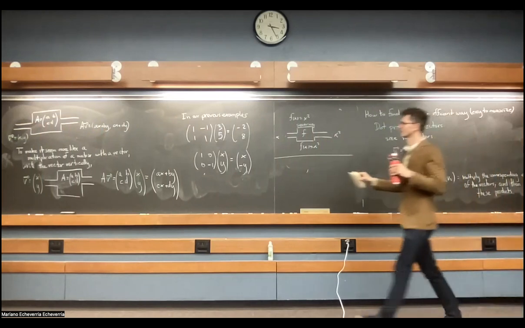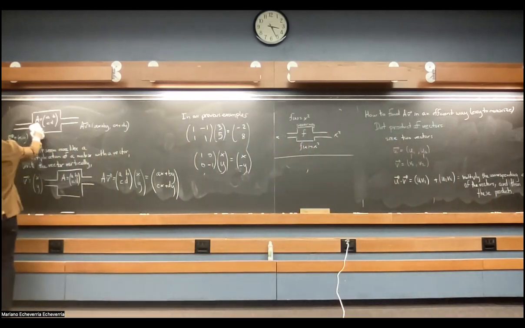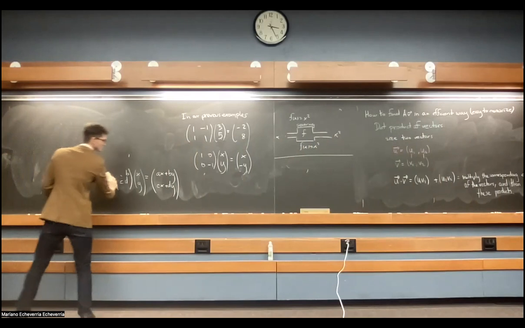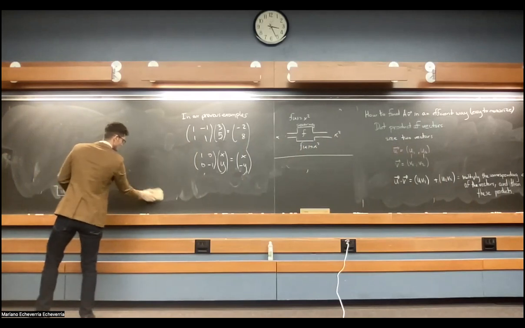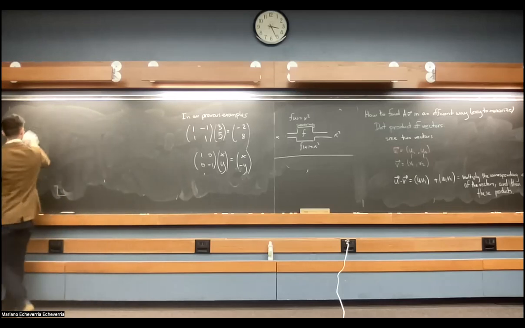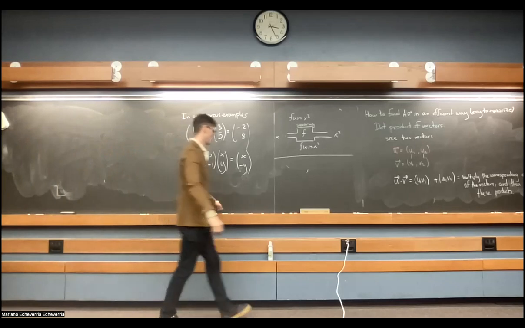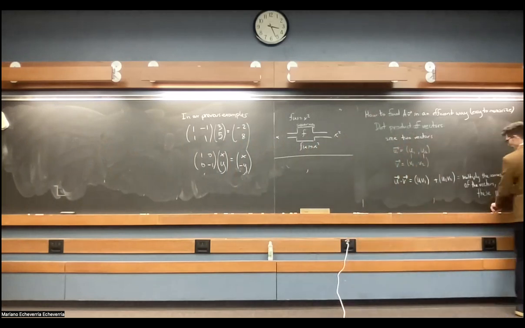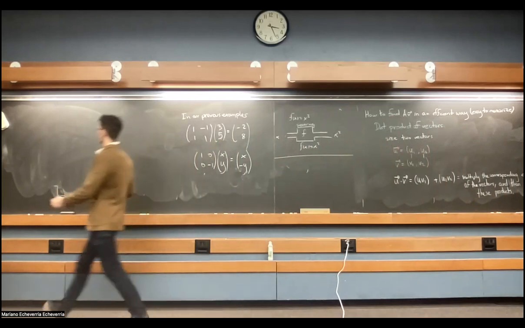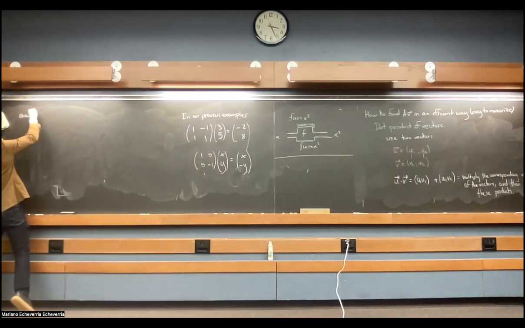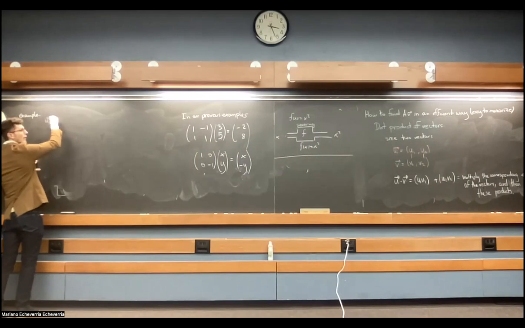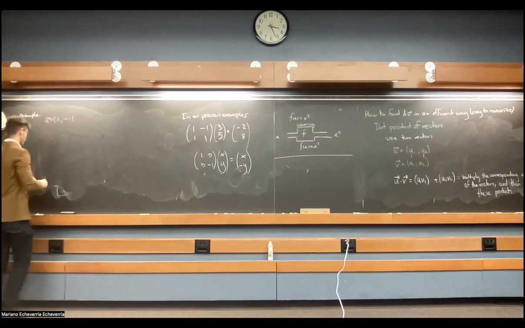So, for example, what if I had given you u as the vector 1, -1, and v as the vector 3, 5.